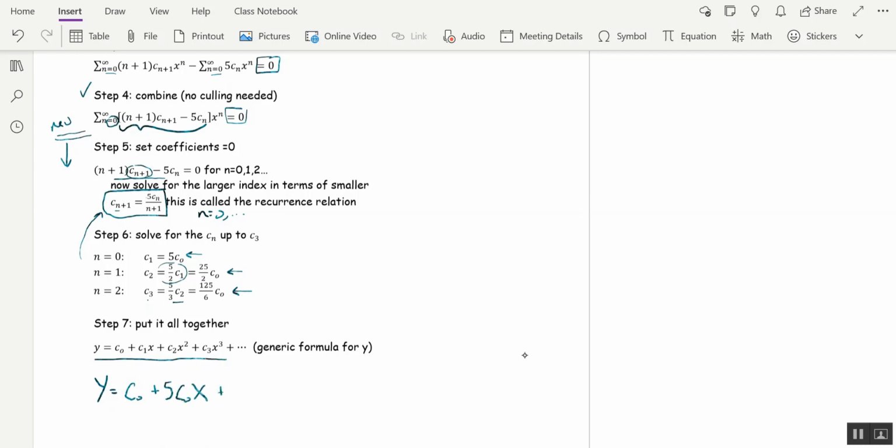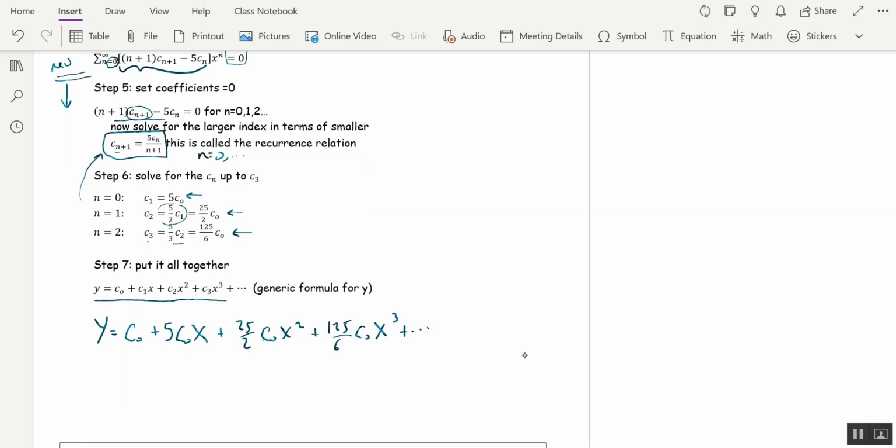And then c2 is 25 halves c naught, and that's x squared. And then finally, c3 is 125 over 6 c naught x cubed. And you're usually told when you're finding power series solutions how many terms you want. Otherwise, you could be here all day.